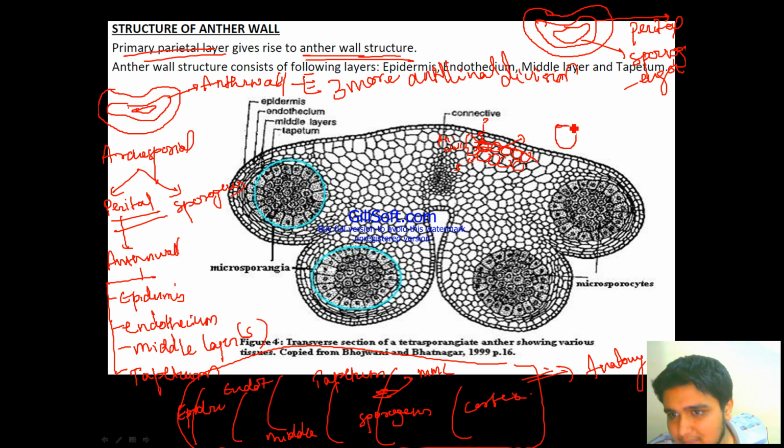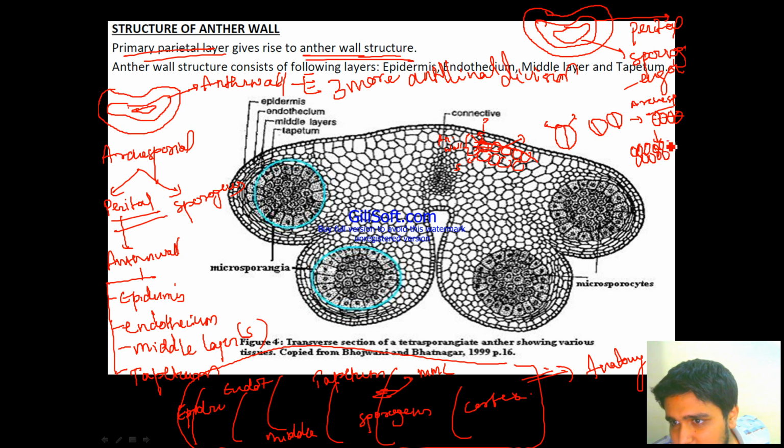Now these were the characters I listed out in the previous slide. Now such a cell, a single cell, with all these characters, now it will undergo a periclinal division and it will form 2 cells. It will further undergo more periclinal division to form more cells, and so on. Now this is nothing but the archisporial cells. Now these archisporial cells will now undergo anticlinal division to form 2 layers of this whole structure.